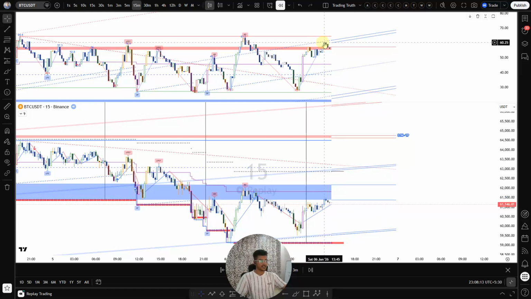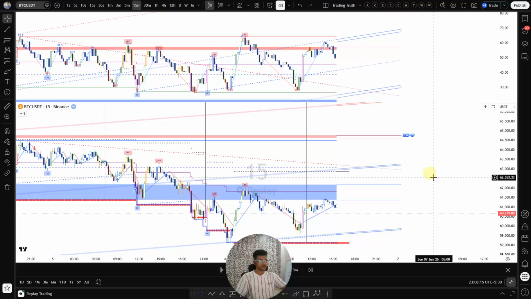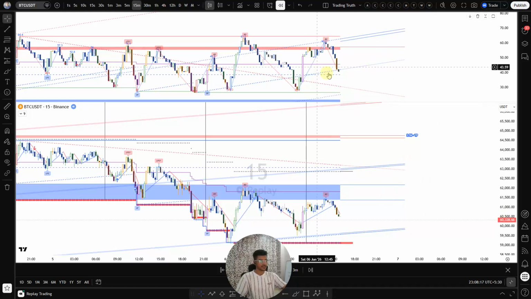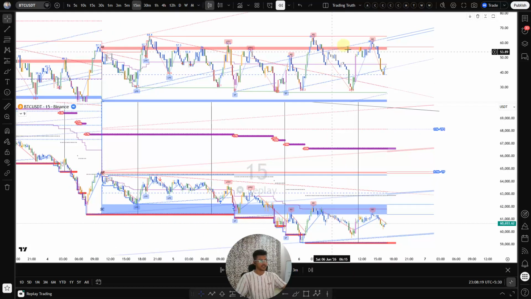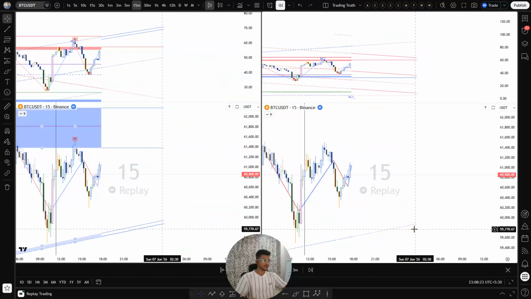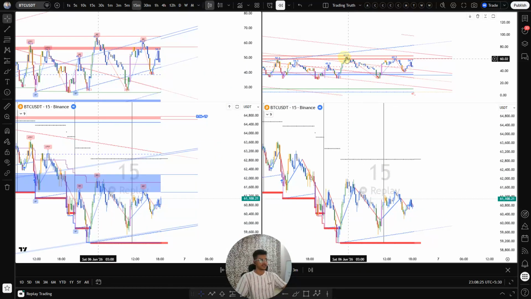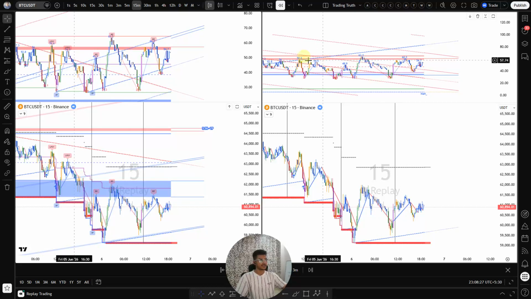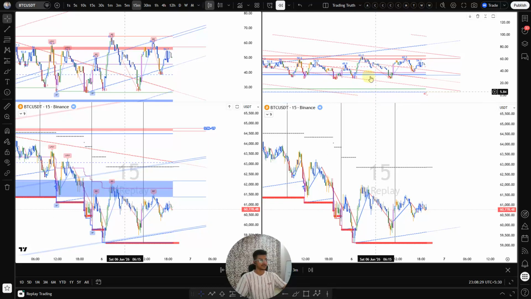Resistance got hit. See, RSI gives us an early signal of what's gonna happen. And we can see that here, resistance, resistance, resistance there, right?